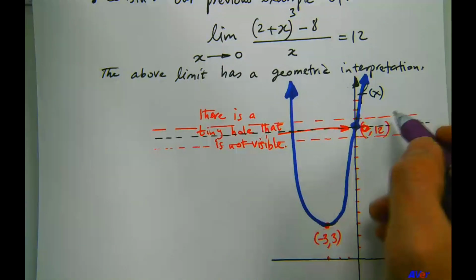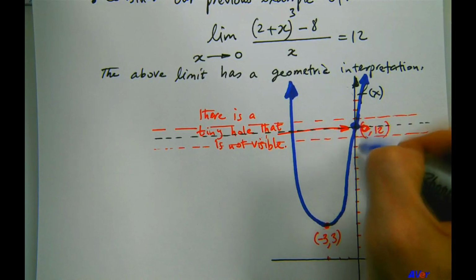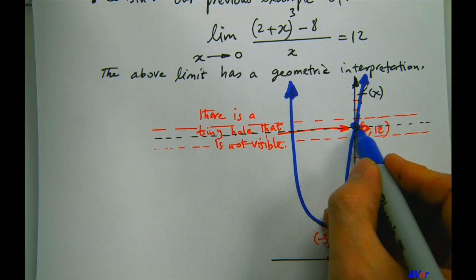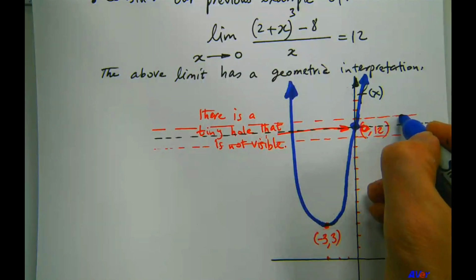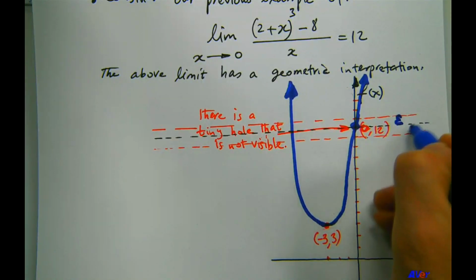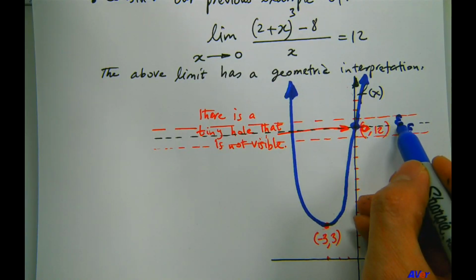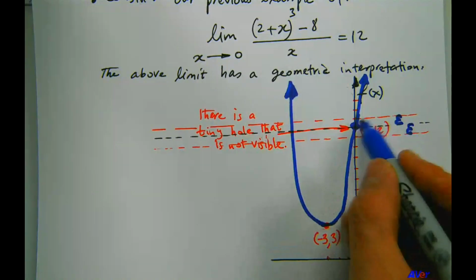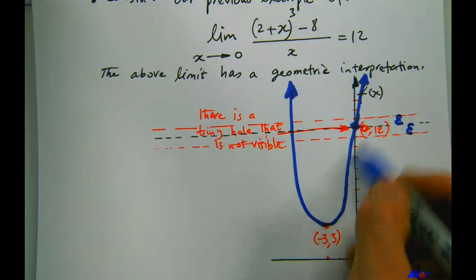But suppose we take a distance of epsilon above and below that point where we expect to have a limit. So let's take that as epsilon here and epsilon here. It doesn't matter how small this epsilon distance is, but it should be equal on either side of that point where we expect to have a limit.